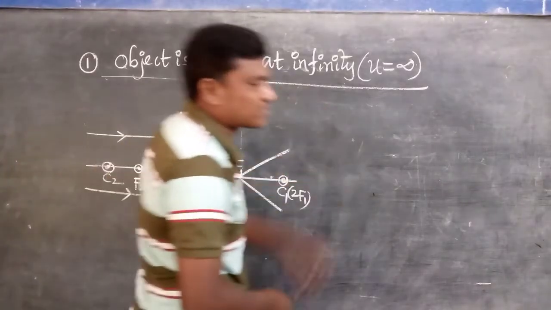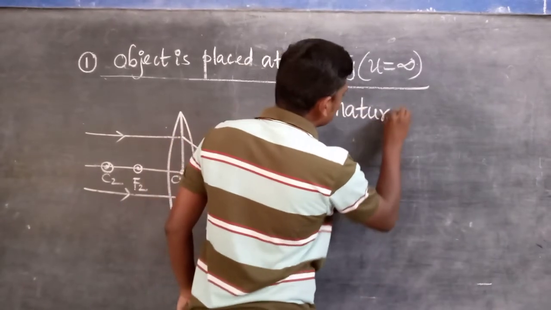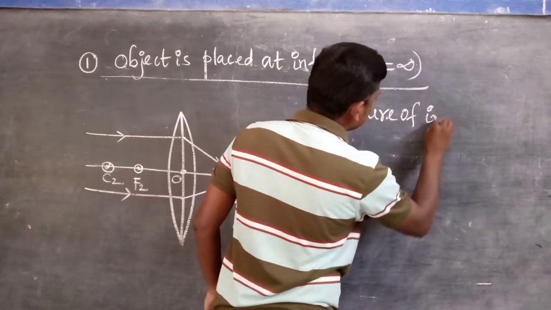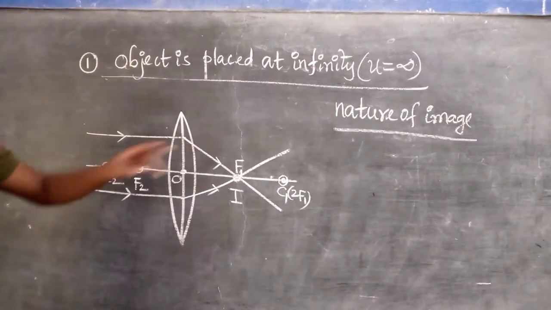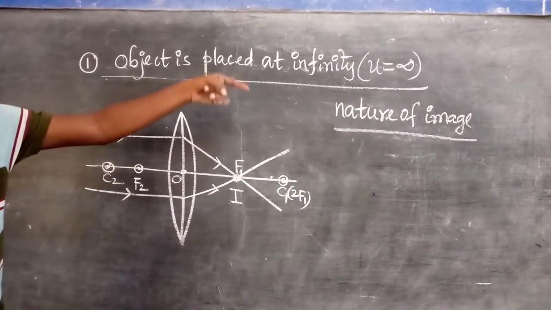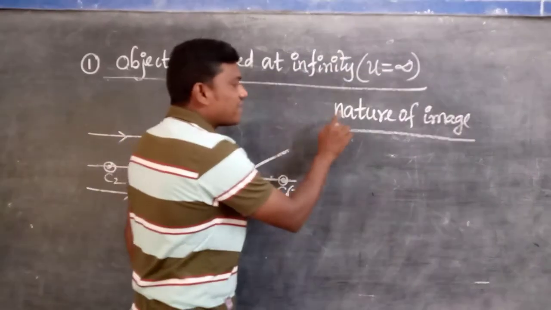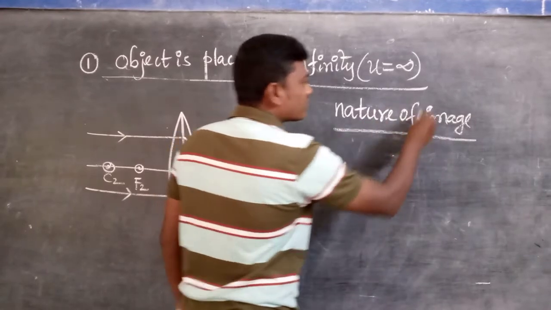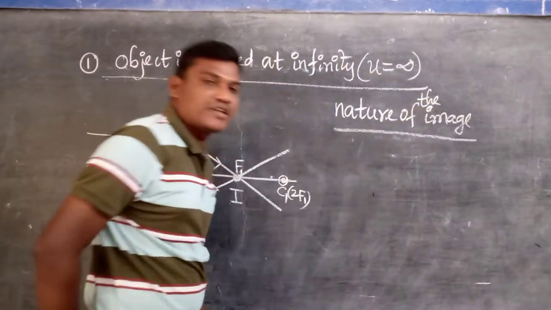So what is the nature of the image? It is nothing but the characteristics of the image when the object is placed at infinity. Listen, nature of the image, it is also called characteristics of the image.